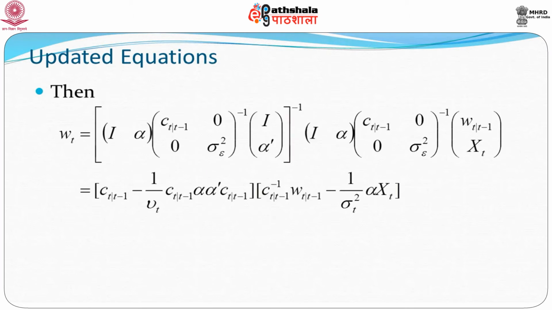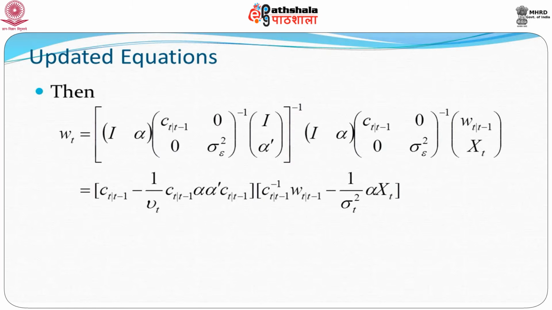Now, as you know, if you apply the generalized least squares method, we would get Wt as beta, which is I alpha in this case, then the inverse of the error dispersion, which is Ct given t minus 1 and sigma epsilon square as the diagonal, and I alpha prime as the second beta. That would be your x's in fact. So, x prime into sigma inverse into x, whole thing inverse, into x prime sigma inverse, that is the variance inverse, into y.